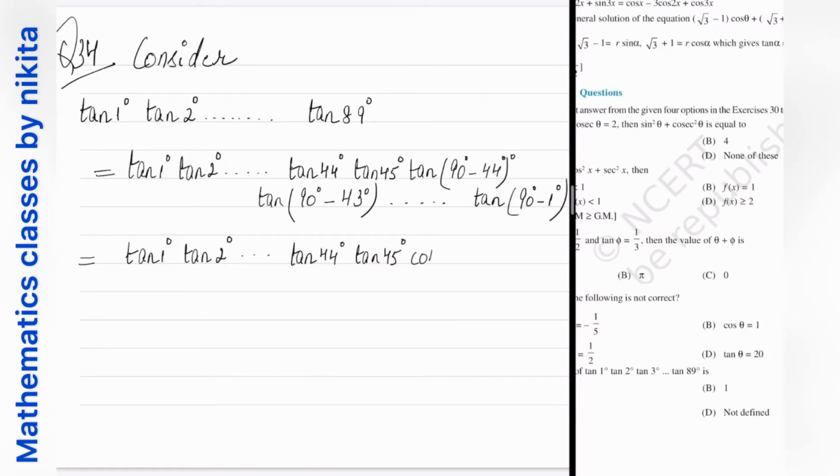So therefore here I can write cot of 44 degrees, cot of 43 degrees and so on up to cot of 89 degrees.